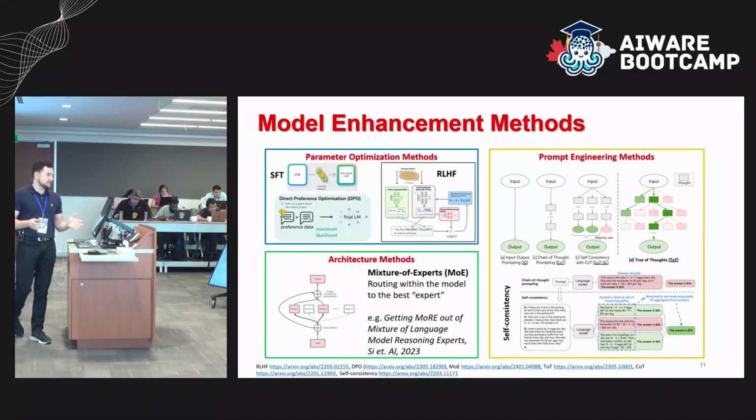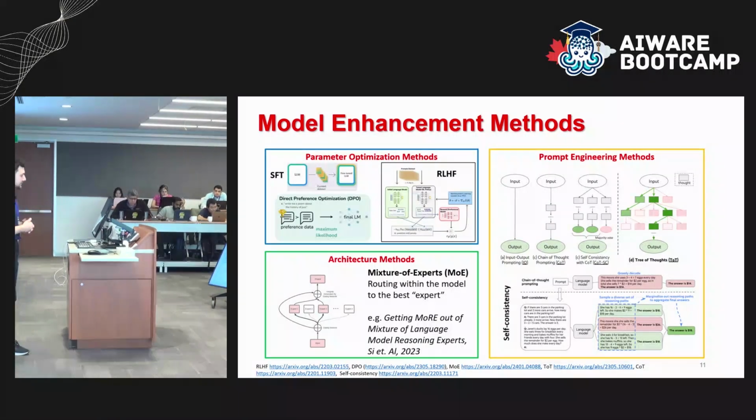Last but not least, probably way more effective than the previous 2, and requiring the least amount of effort: prompt engineering. Again, this is just changing your instructions to try to get the desired output. At the top, you'll see tree of thoughts from the tree of thoughts paper, trying to develop the correct reasoning to arrive at the desired output.